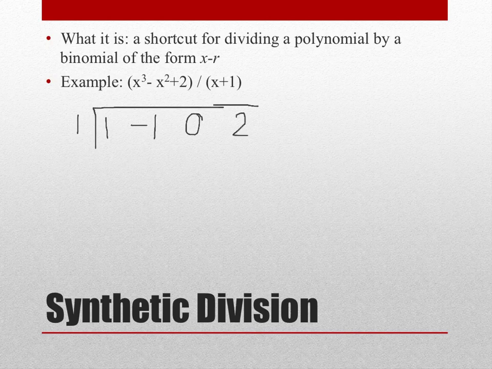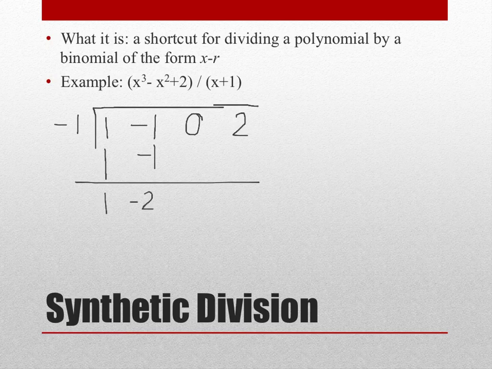Now to solve this, we want to take this negative 1. We want to drop down that first term. So negative 1 times 1 would give us a negative 1. So we write that over here in the next spot. Then negative 1 minus a negative 1 is negative 2.